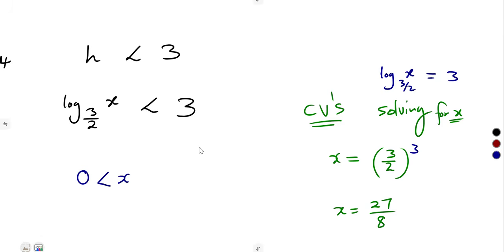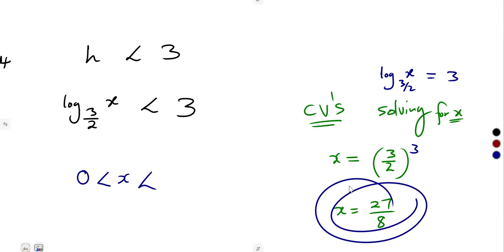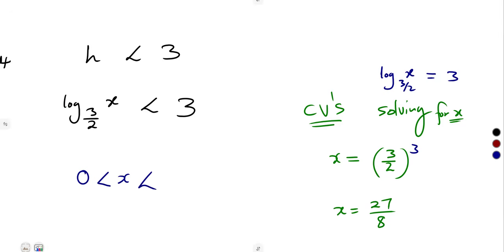But we are talking about an interval between these values: x must be greater than 0, but less than the critical value that we obtained by solving that logarithmic equation, which is 27 over 8. We are dealing with a logarithm, so we have an interval within the given values of x.